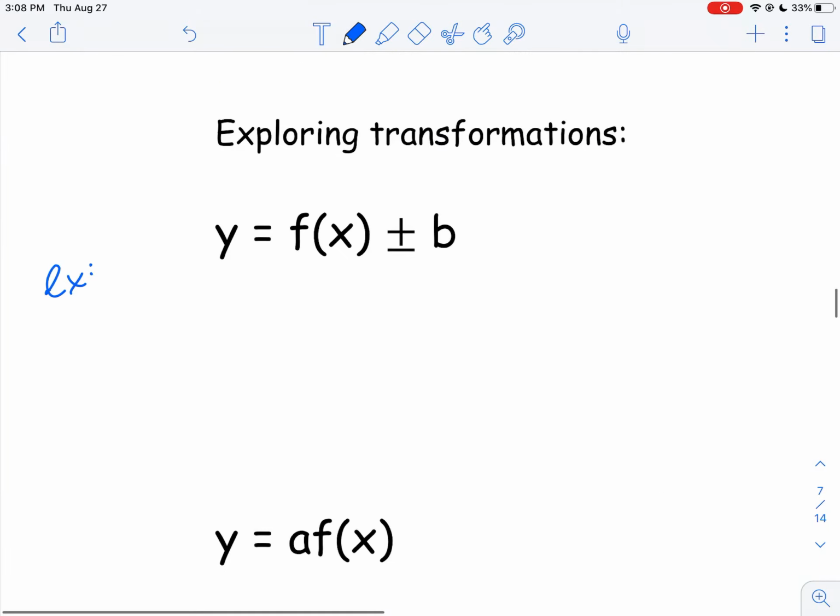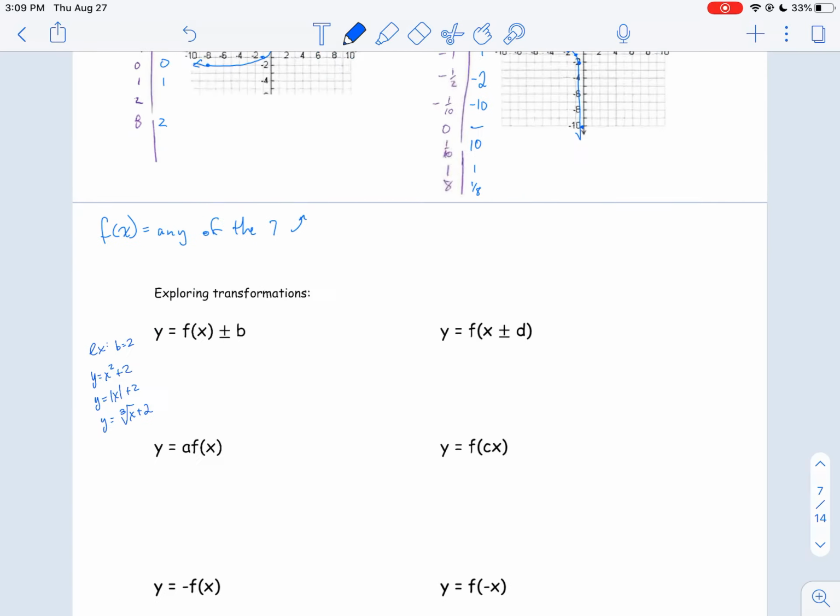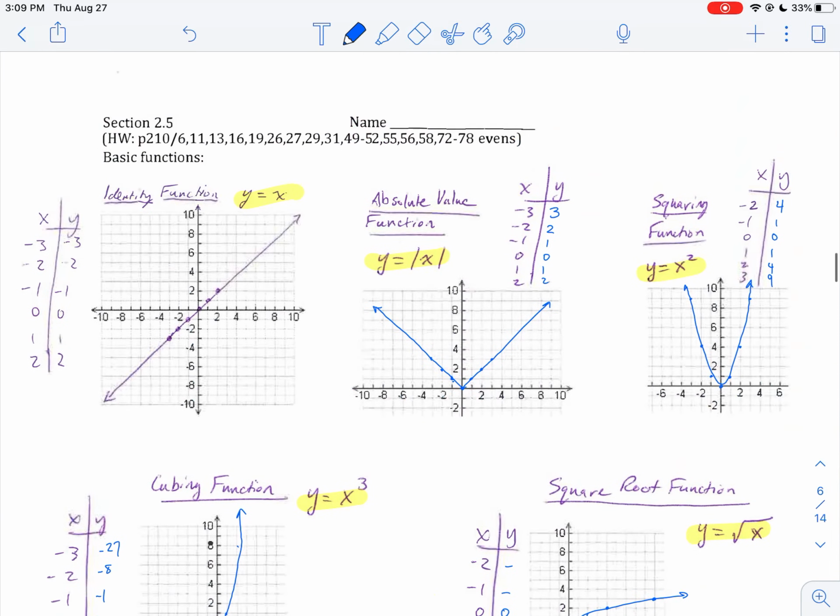Let's do this with the squaring function, or the absolute value function, or the cubed root function. Doesn't matter, any of those. What's going to happen to my xy values?